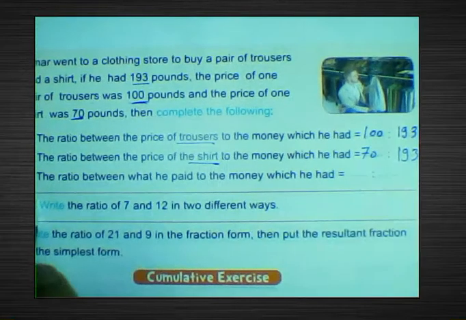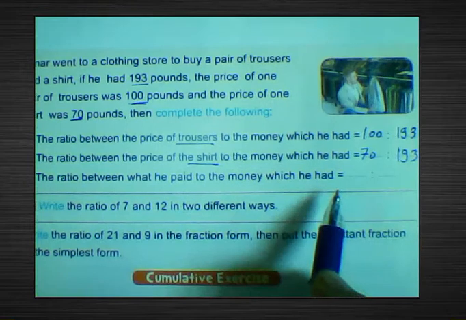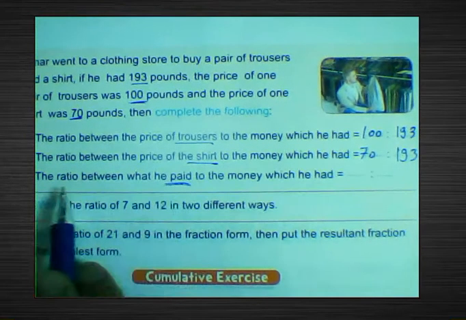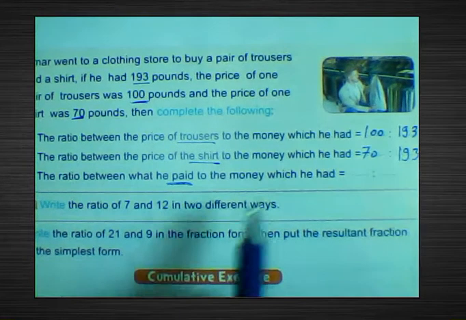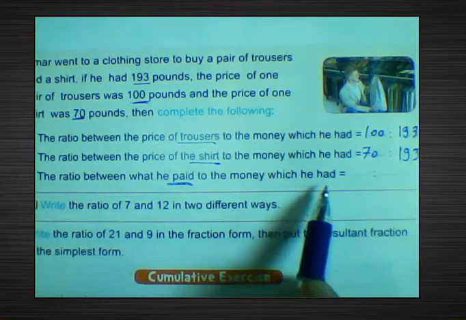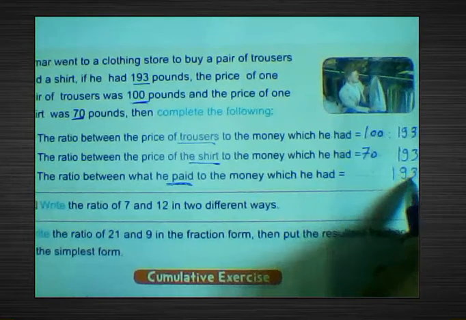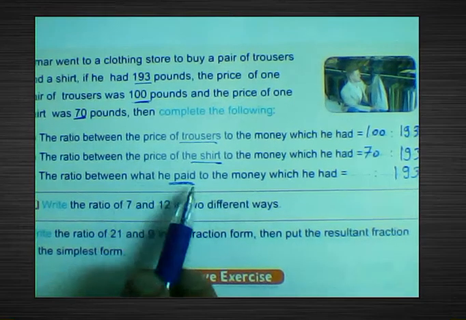Letter C, the ratio between what he paid to the money he had. He had 193. And what about what he paid?